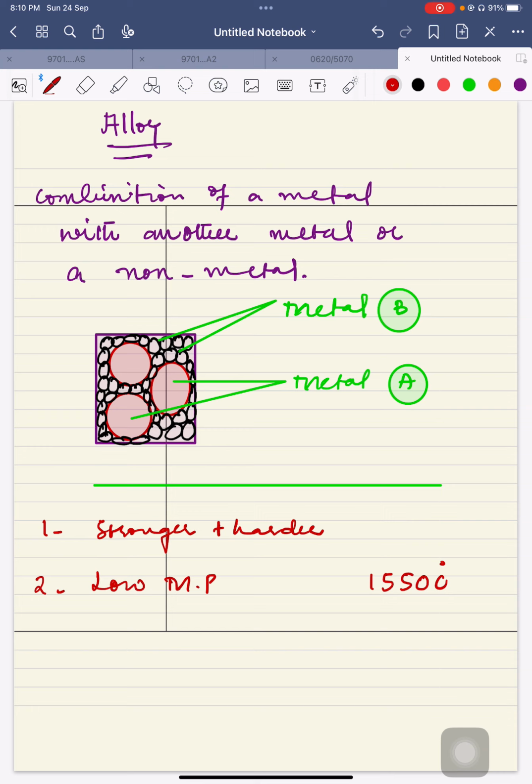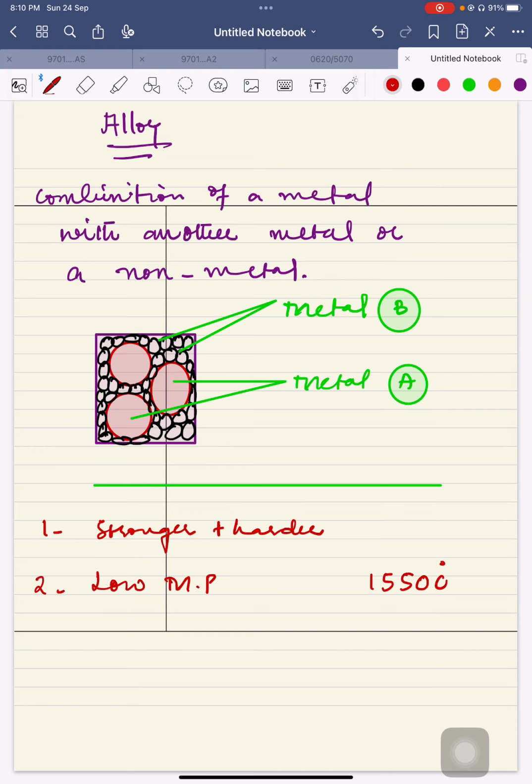Its melting point will be decreased, for example, to 1400. I'm just telling you that the melting point is decreased in case of an alloy, and it is lower than that of a pure metal.